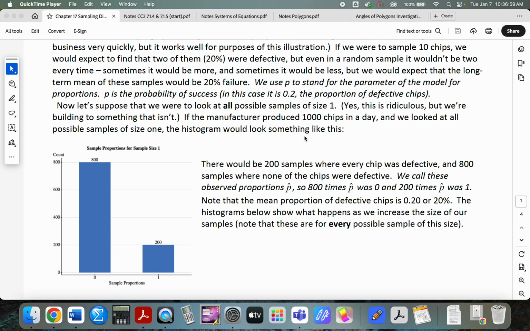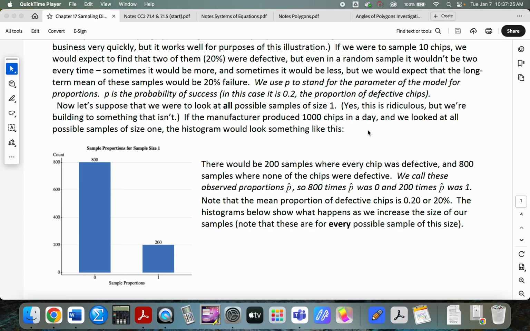So now let's suppose we were to look at all possible samples of size 1, right? If the manufacturer produced 1,000 chips in a day, then there should be 800 that are fine and 200 that are defective, correct?